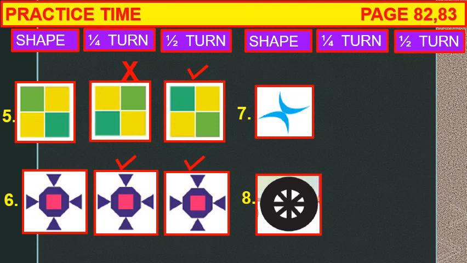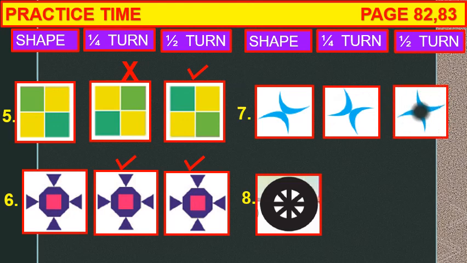Now let us consider the seventh shape and give a 1/4 turn and half turn, and then check. After giving a 1/4 turn, the shape formed will not look the same as the original shape. But the shape formed after giving a half turn will match the original shape.